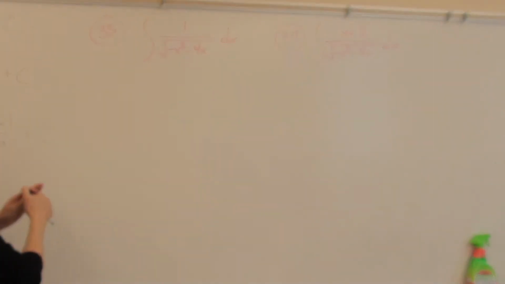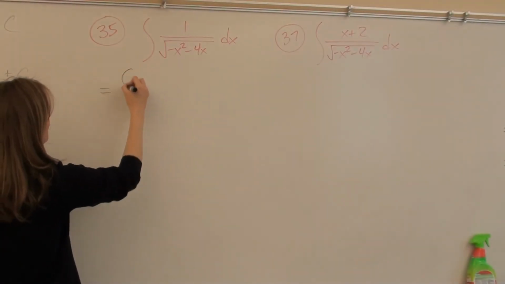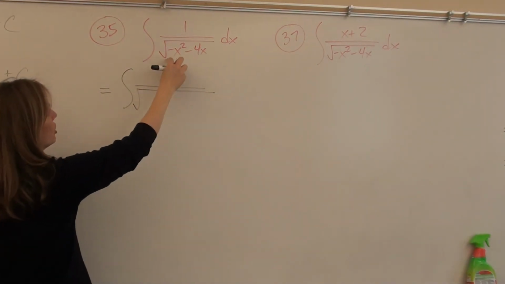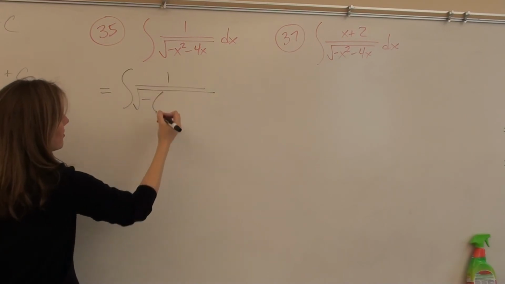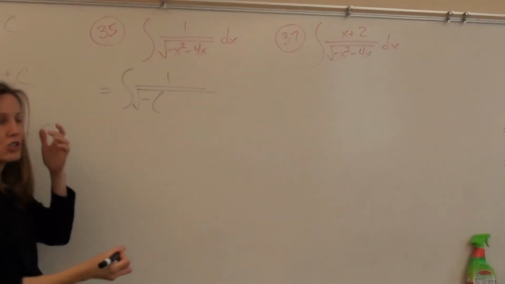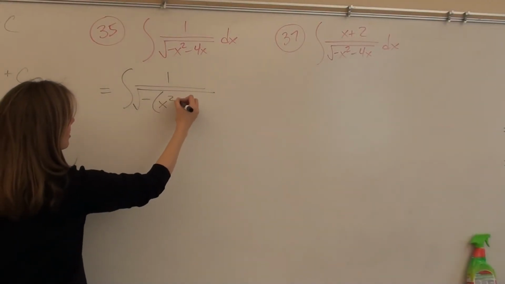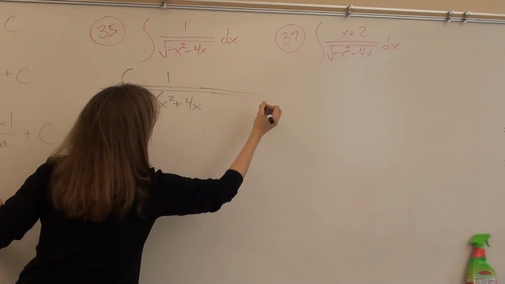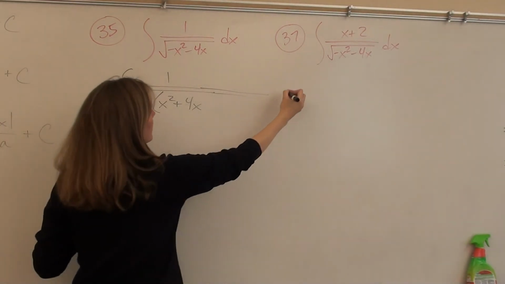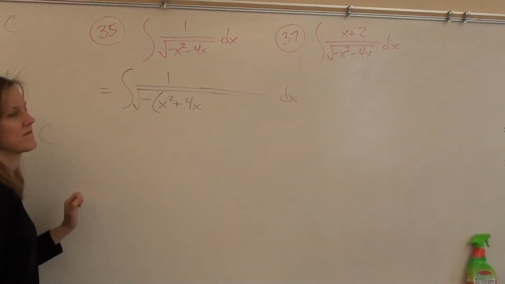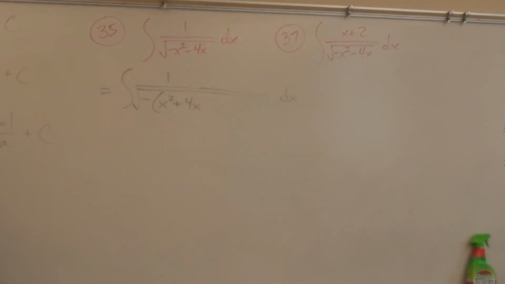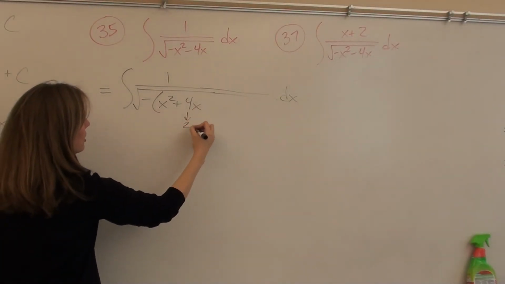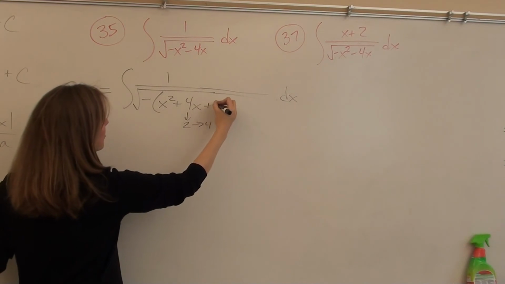In order to complete the square, you may or may not remember this, but one of the first things you had to do was you couldn't have a coefficient in front of your x squared term, so you have to factor it out. So when you complete the square, half of 4 is 2, and 2 squared is 4, so we go plus 4.